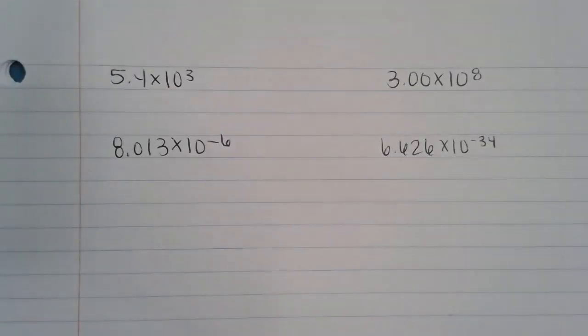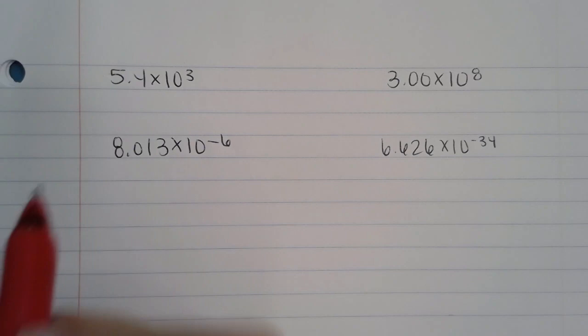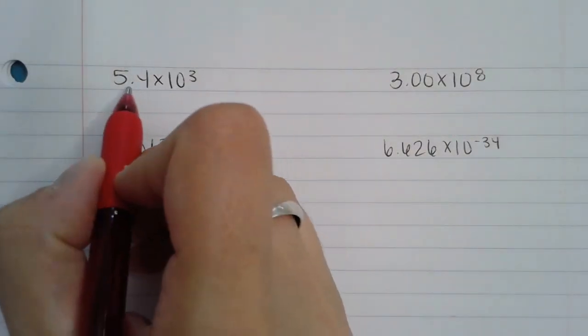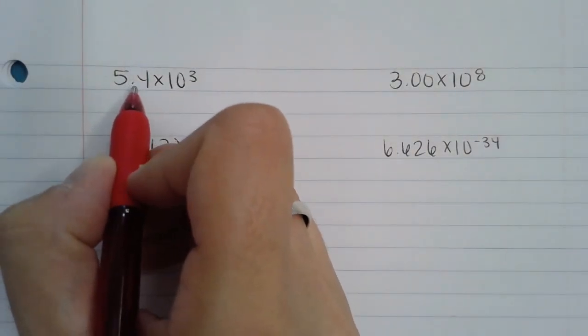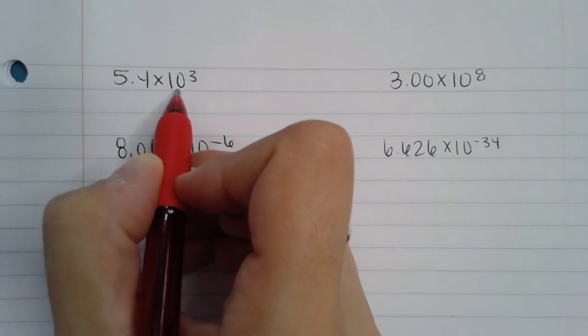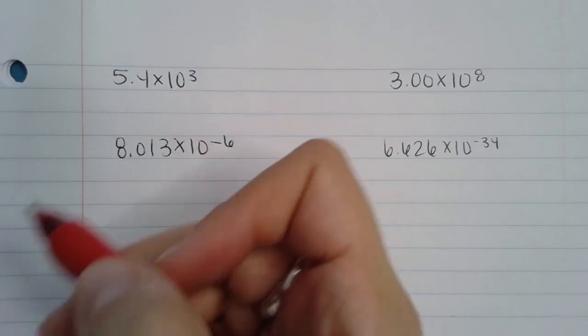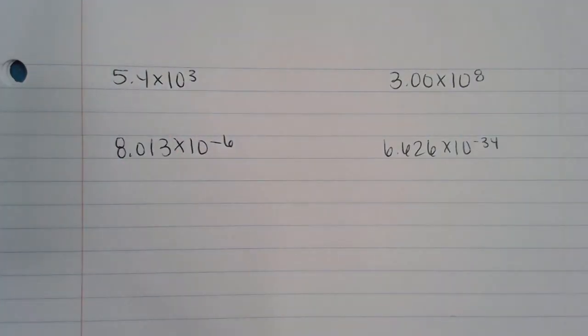Basically, we're doing the opposite here. Rather than putting it into scientific notation, we are putting it into standard notation from scientific notation. Just like before, we're taking 5.4 and timesing it by 10 3 times. Because you're timesing it by 10, all you have to do is move the decimal point over 3 times.